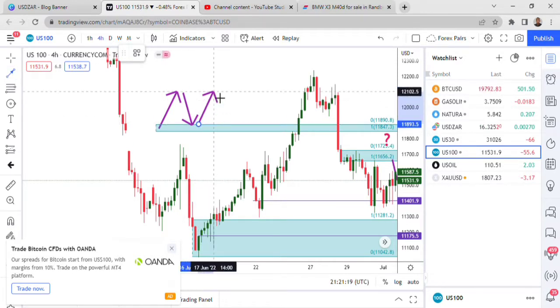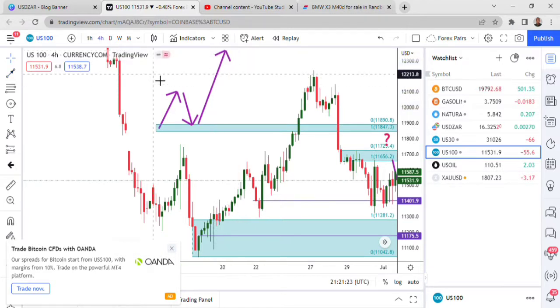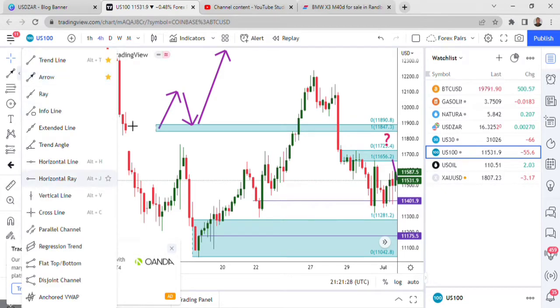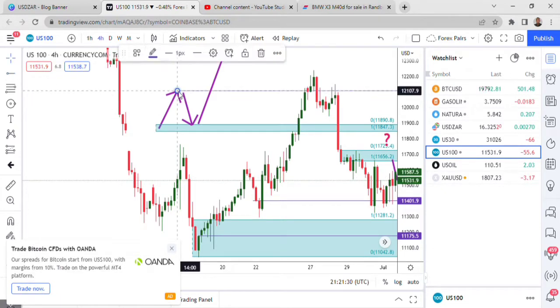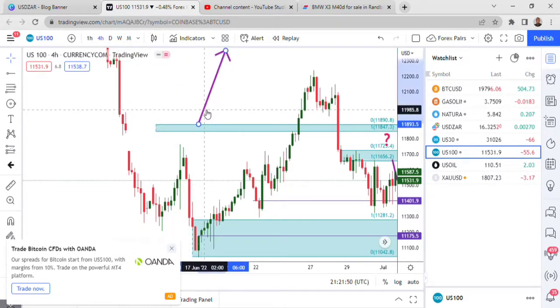But we don't just ignore this high here, because obviously the price got rejected there. You should always ask yourself, why did it turn here? If I'm buying, I should cut some of my profits here just in case it gets rejected again. That's what I always teach you: where the price turned before coming back to your level, that's where you have to exit. That's where you put your TP1.